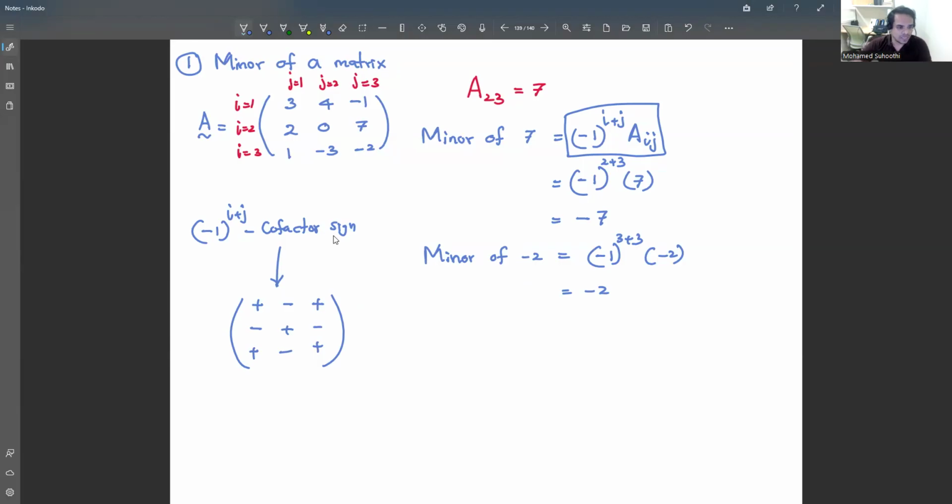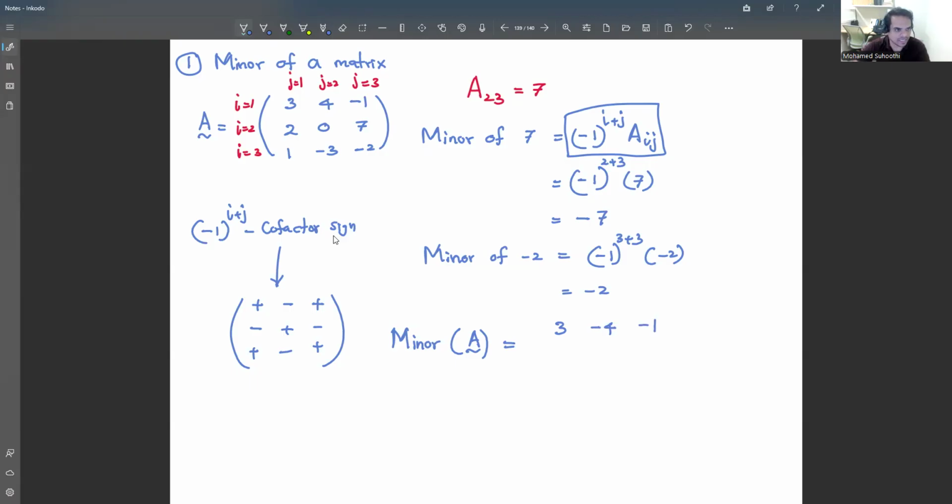So for example, if we want to write the entire minor of matrix A with sign, you can write it. This is my 3, then minus 4, because the next one is plus, therefore that will be minus 1.